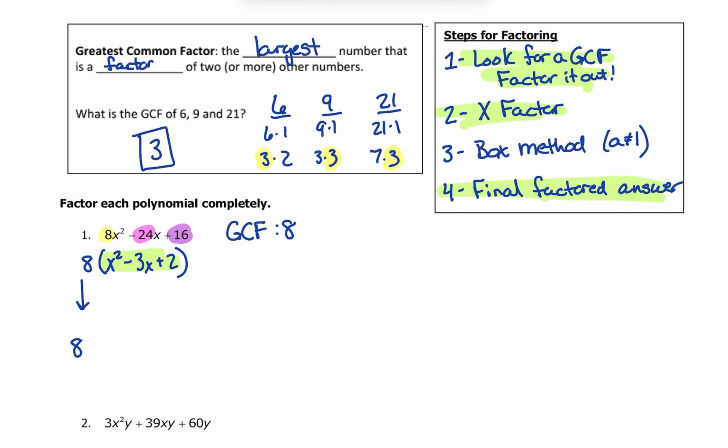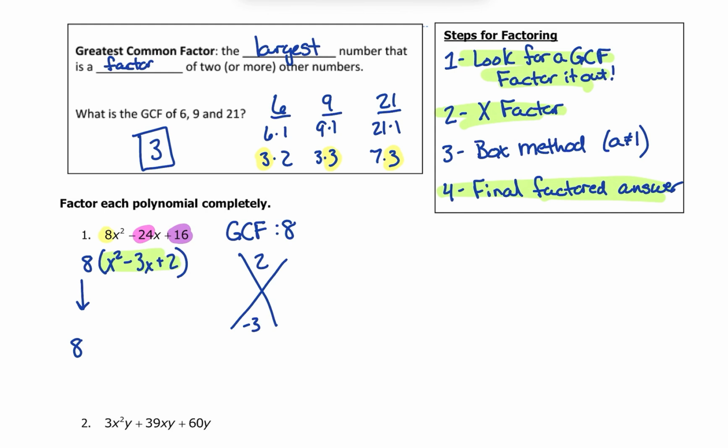So remember that we put in the top of our x, we put our a times c. A times c is 2 in this case, and our b term is negative 3. So what two numbers multiply to give us 2, but when we add them together, we get negative 3?